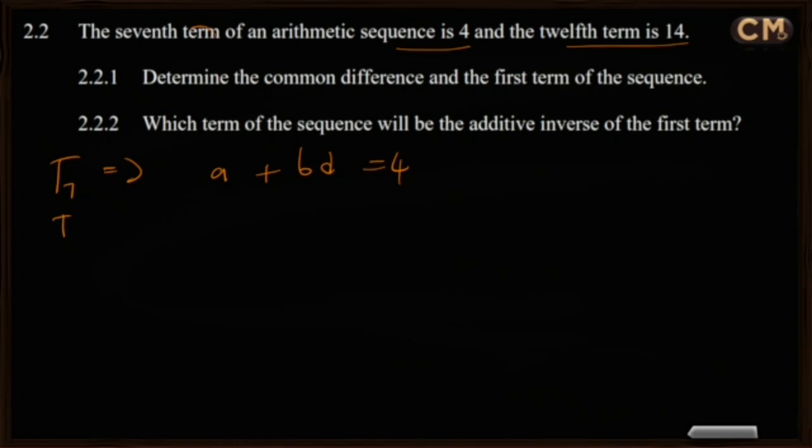And for the 12th term, we've been told it's the first term plus 11 common differences, equal to 14. That's the bit of theory that says it's a plus the common difference plus the common difference plus the common difference, and that is how any arithmetic sequence adds up. So term 1, a, term 2, term 3, term 4, term 5. You can see where I'm going with that.